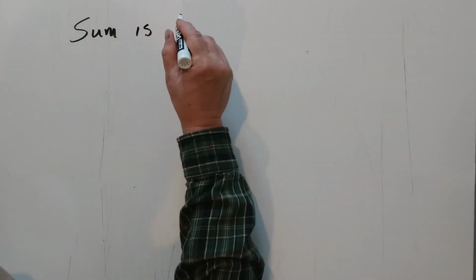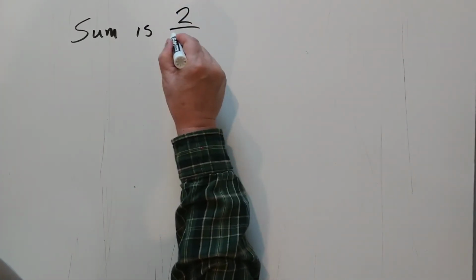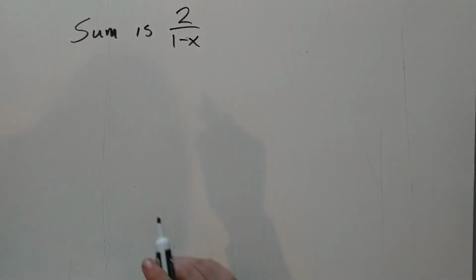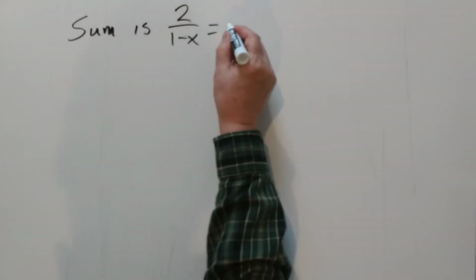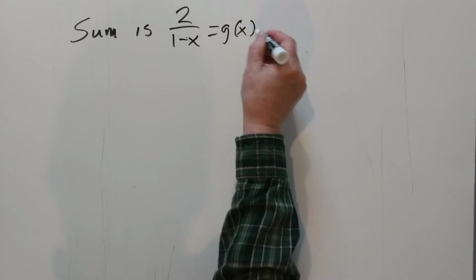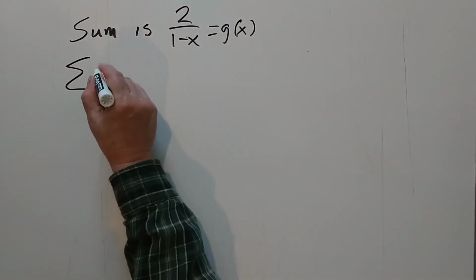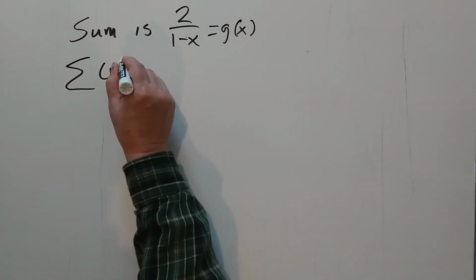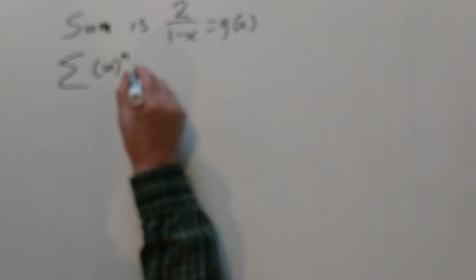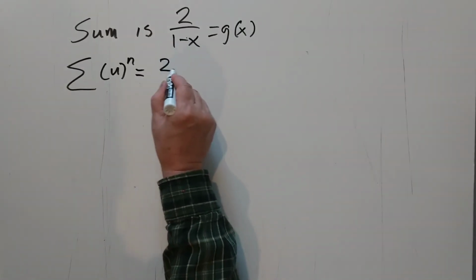is 2 over 1 minus x. Many times they call that g of x. That means it's the sum. We want to find what u is.